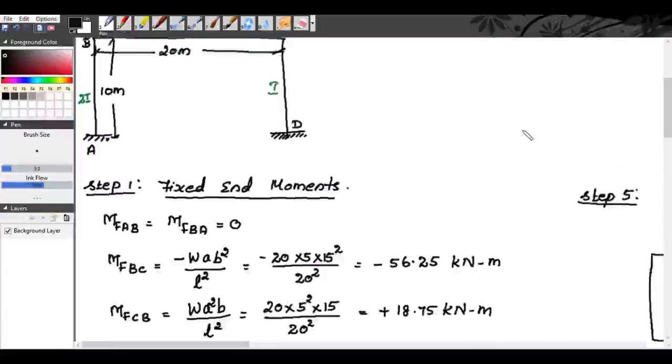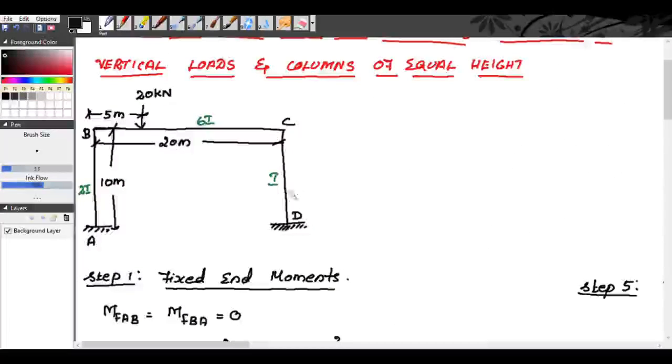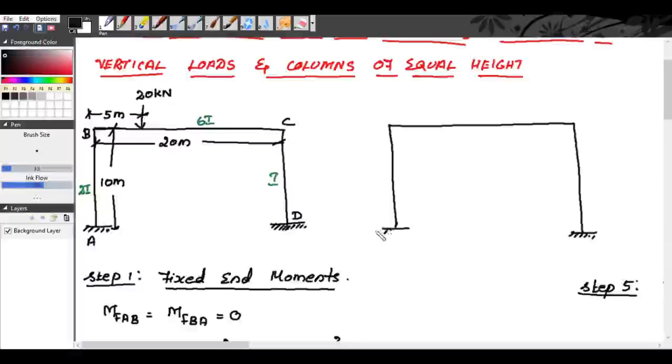Now we will draw the bending moment diagram. I will not go backwards for reference. For bending moment, there is no need of support.